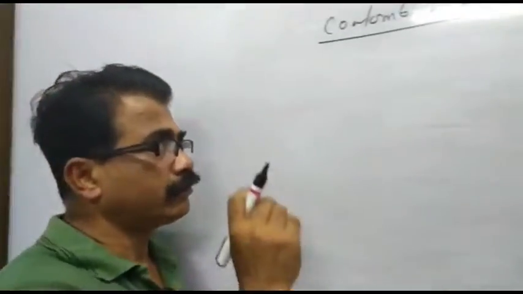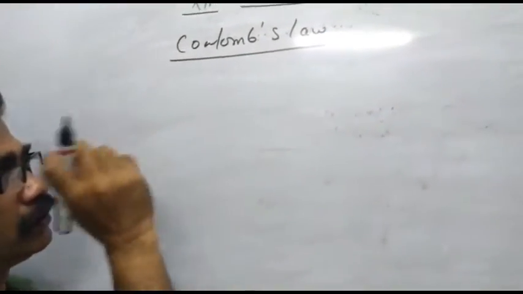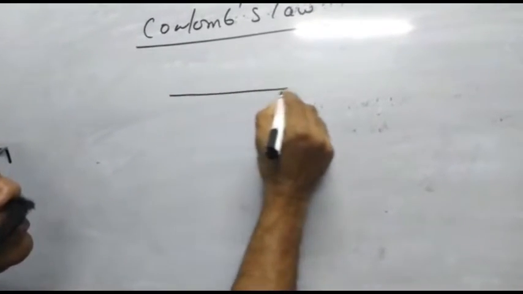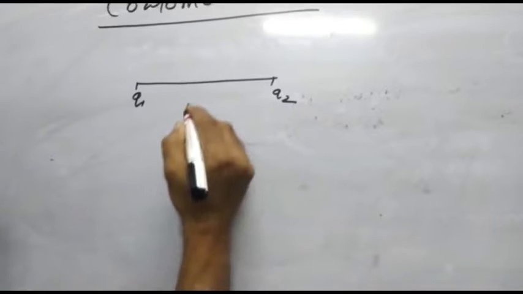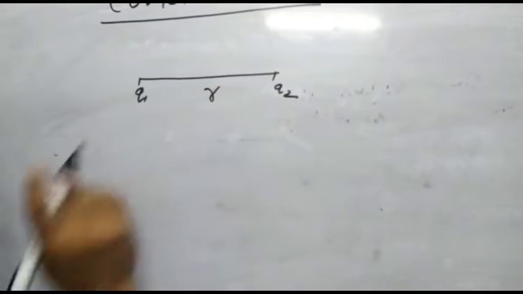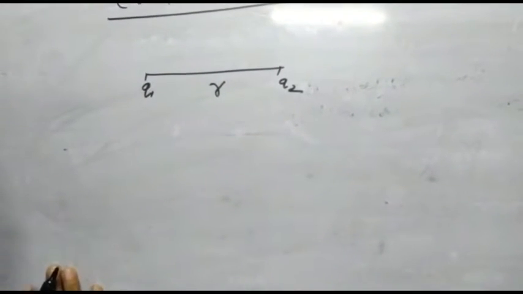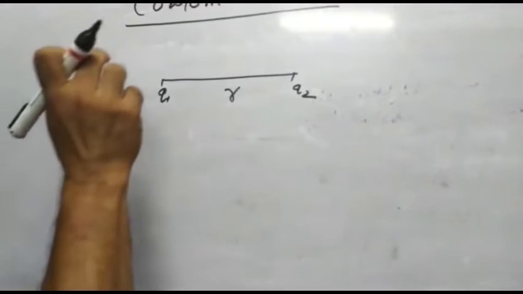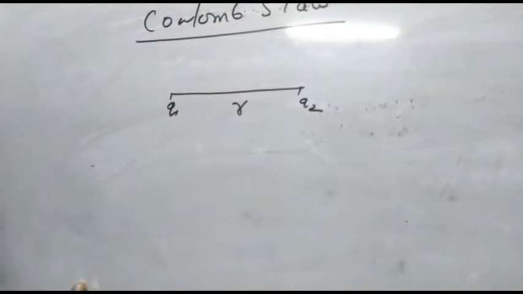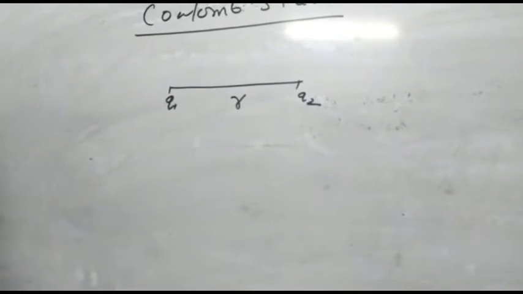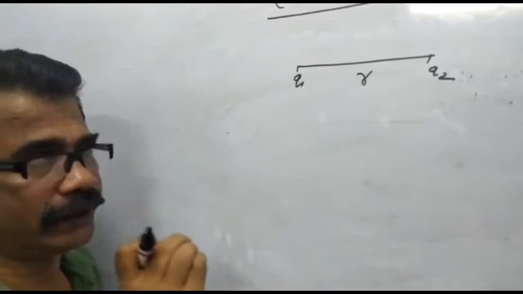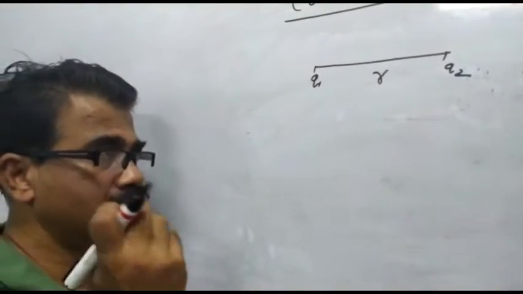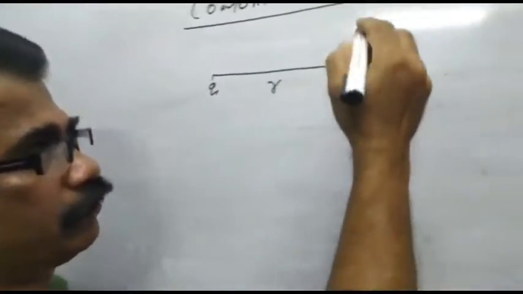For that, consider two charges q1 and q2 separated by a distance r. Before that, Coulomb's law is similar to Newton's law of gravitation. In the first year chapter on gravitation you have already studied Newton's law of gravitation.